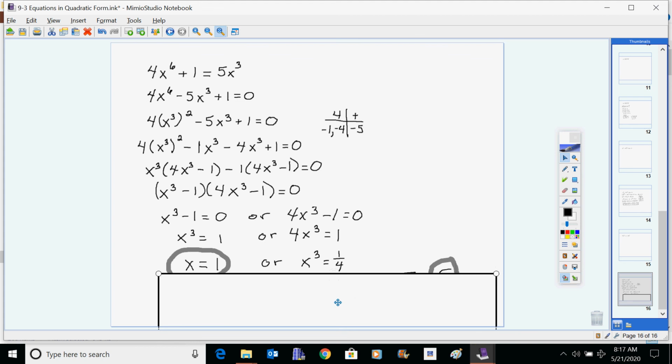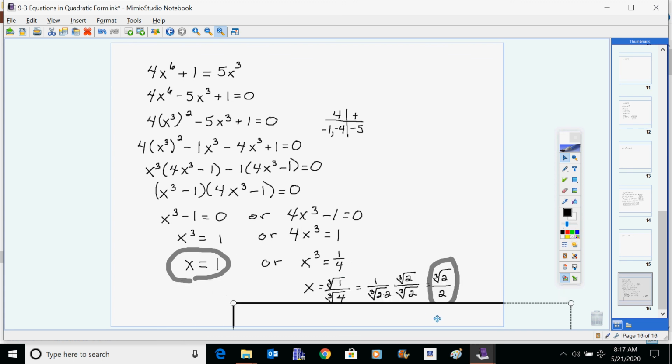So in order to solve that, you take the cube root of x. Cube root of x is just 1. So here's a 1. The cube root of 1/4 is... cube root of 2 over 2.